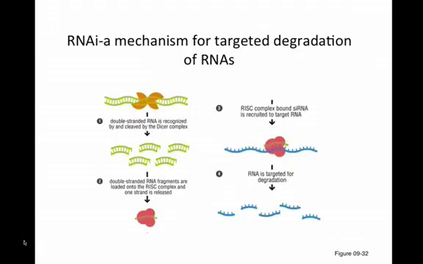Another is RNAi, which is a mechanism for targeting specific RNAs for degradation. And this happens primarily in the cytoplasm. So you'll have double-stranded RNA, specific siRNA, microRNA genes that are recognized and processed by a complex of enzymes into RNAs that are complementary to the mRNA that's going to be degraded.